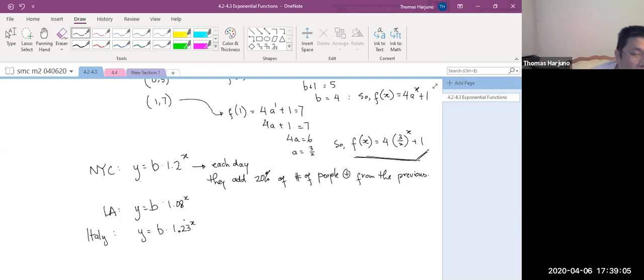So that's how we predict that, for example, in the case of New York, the government there, and of course us too, are so afraid that if it keeps on going like this, then in 1 week, we don't have enough capacity to hold all these patients.